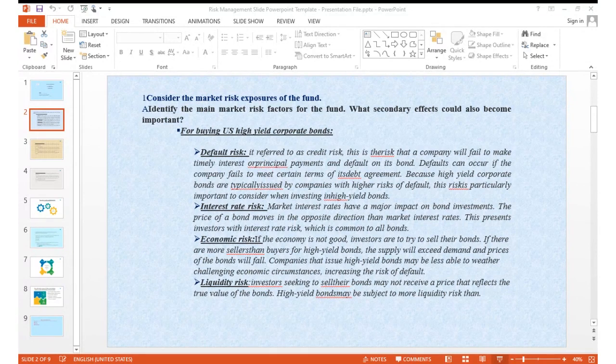Another point is FX risk, because they buy government bonds from emerging markets. They involve multi-currency investment, and it also involves FX currency translation risk and FX currency depreciation risk.